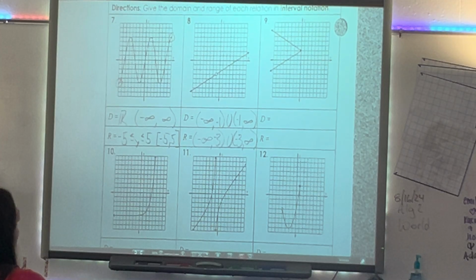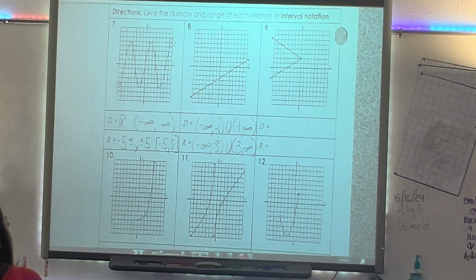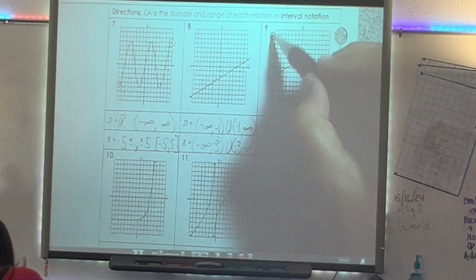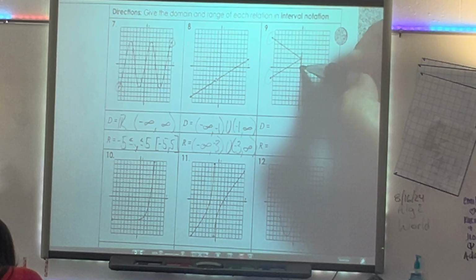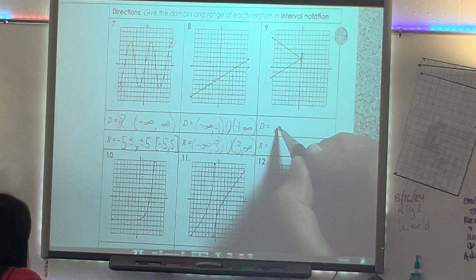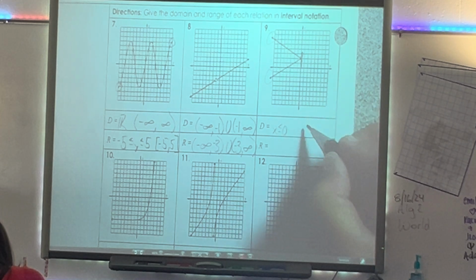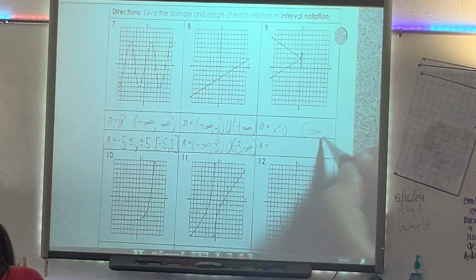Alright, this one right here, let's see. Looks like the domain's going forever on the left side, but it ends right here. So obviously that means x is less than or equal to 0, so -infinity to 0.